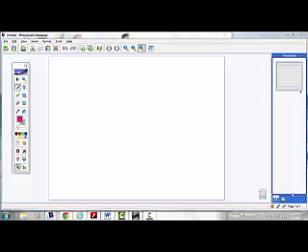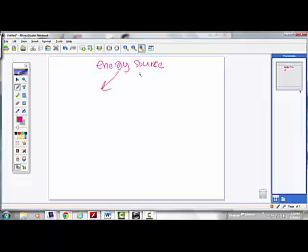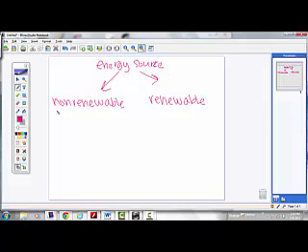Okay, so let's make sure we understand the difference between our renewable and our non-renewable energy sources. So we know we can get energy from many, many different places. The source is where it ultimately comes from, okay? We have non-renewable sources of energy, and we have renewable sources of energy from our natural resources.